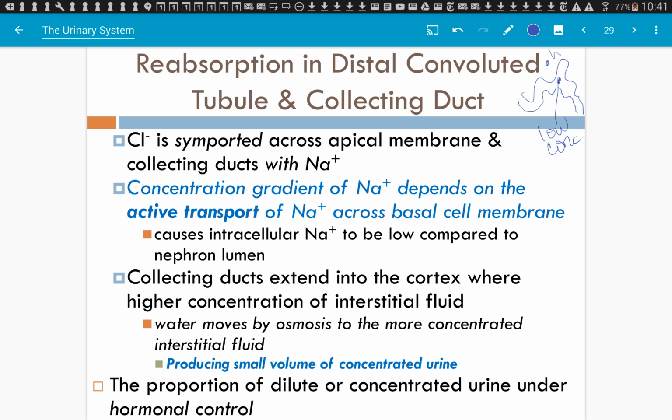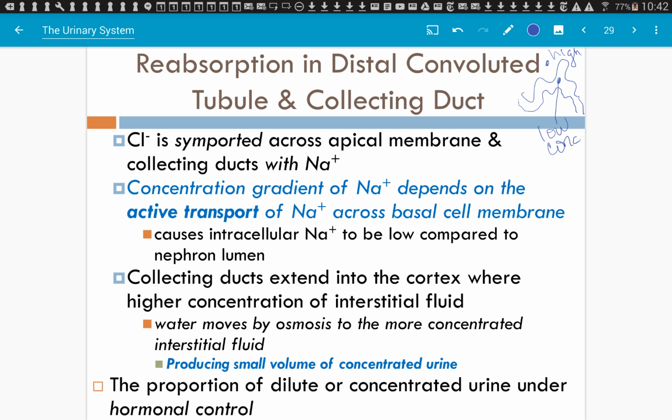Okay? So this will have implications about which direction ions are going to be moving or which direction water is going to be traveling. Okay, because you have a low concentration in the tube and a higher concentration outside. And this is actually in the cortex portion of the kidney.